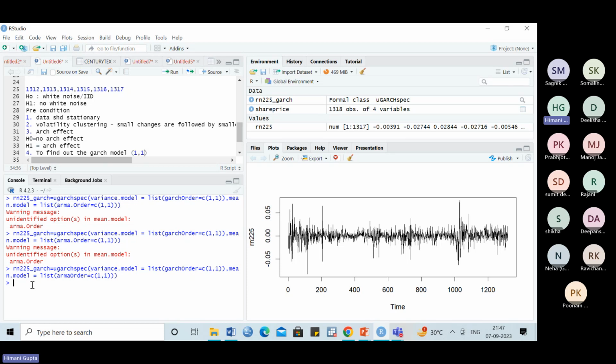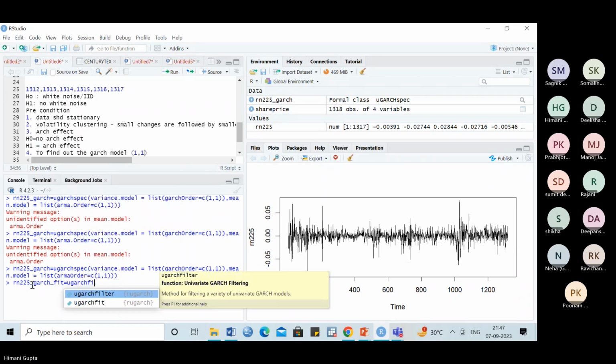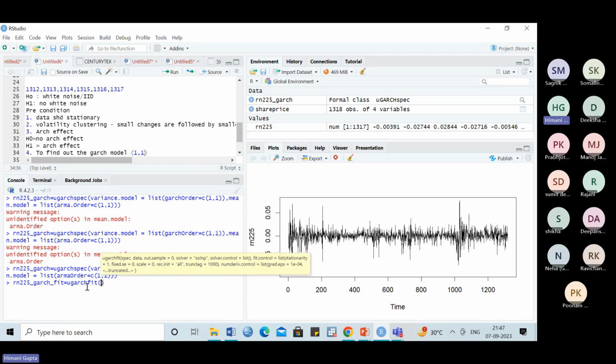Now, I'm going to fit the model. So let me give the command Rn2to5 underscore garch underscore fit. I'm storing the command in this equals to ugarchfit. Now I'm going to say fit the model using this command. That means I have stored the ugarch univariate GARCH variance model in Rn2to5 underscore garch.